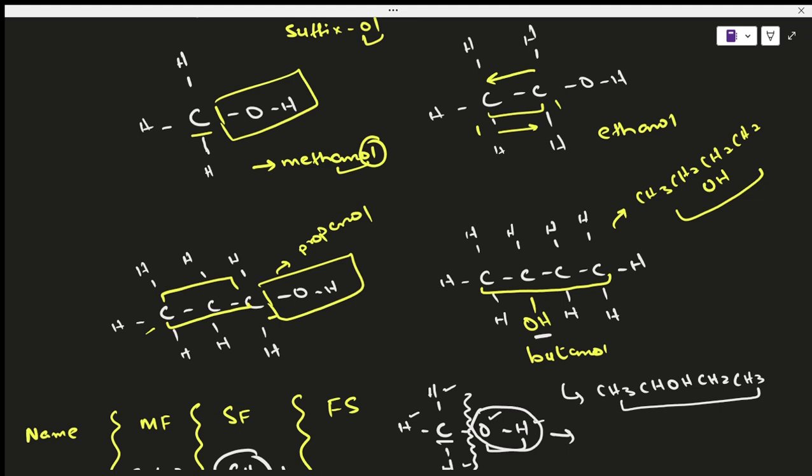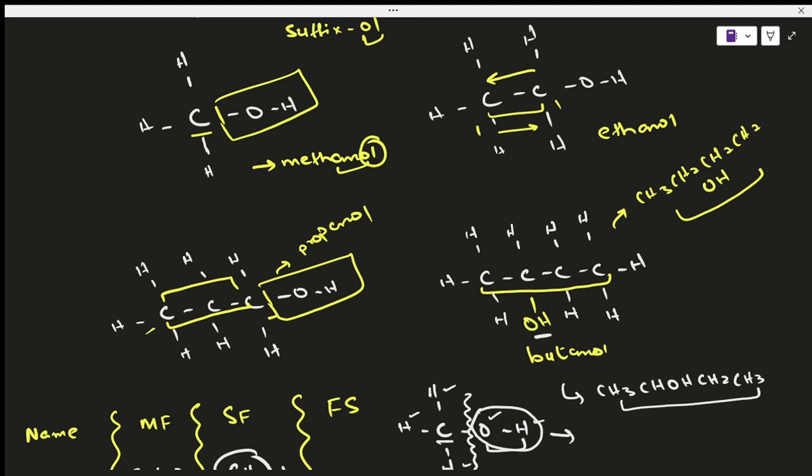So the molecular formula remains the same, the structural formula changes, and that's the definition of isomerism, right? So this is what happens when you move this OH group. When you move this OH group, the other molecule that is going to form is basically an isomer of that molecule, and that is how it works.